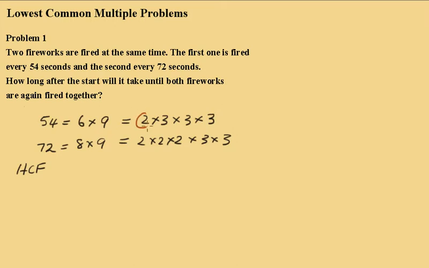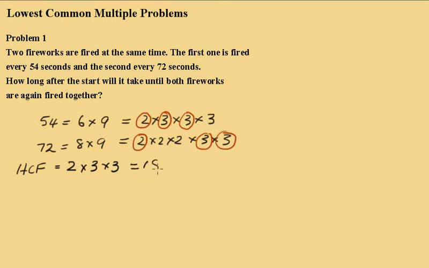So there's a 2 there, and a 2 there, there's a 3 there, and a 3 there, and there's a 3 there, and a 3 there. So we can say the highest common factor is going to be 2 times 3 times 3, and it's going to give us 18.